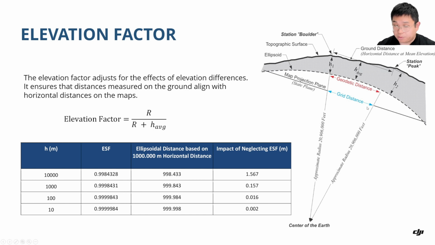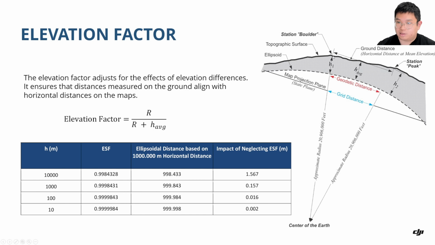However, as we all know, the Earth is not a perfect ellipsoid shape, so you're going to have mountains and hills. So based on the actual ground elevation, your elevation might be here, and your measurement may start from there. And as you can see, as you increase your elevation height, there is going to be an additional elevation factor that also needs to be applied in order to correct that distortion caused from the elevation change.